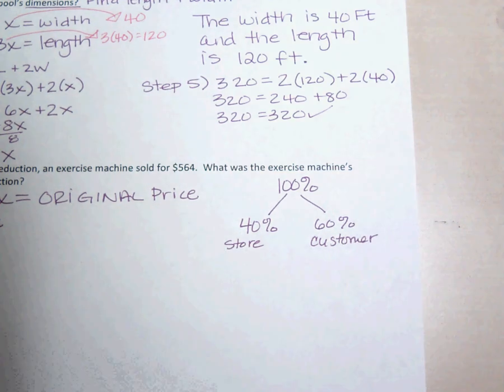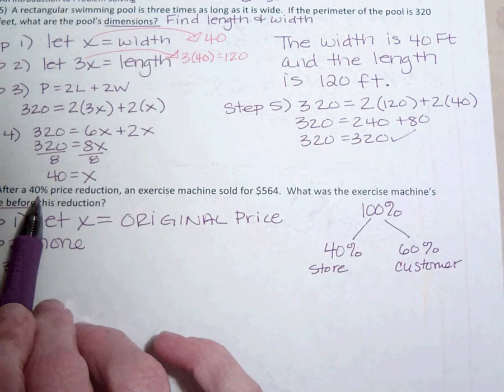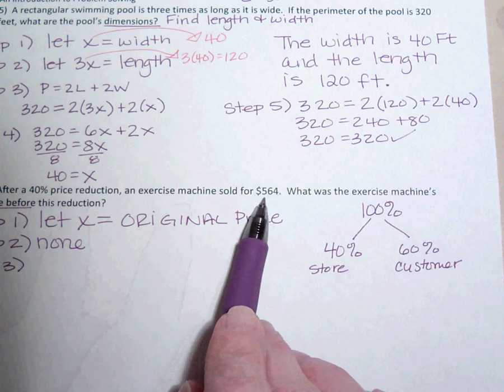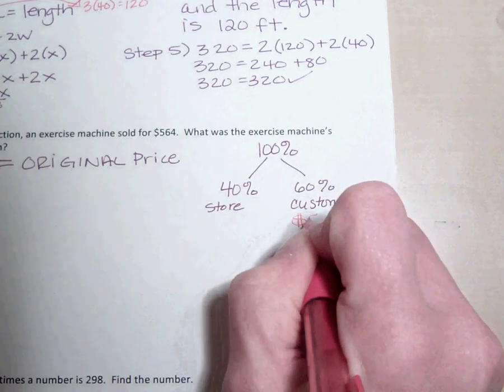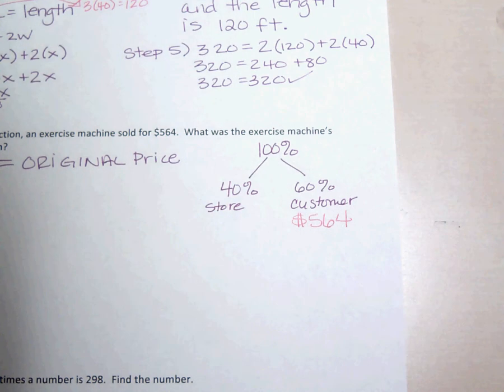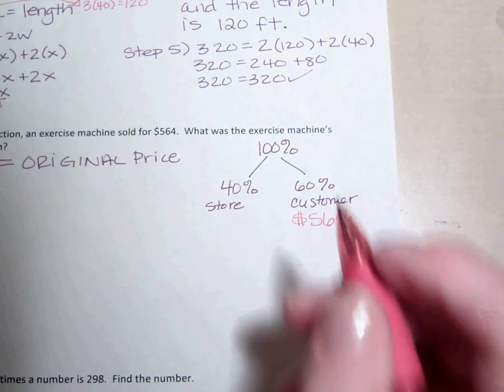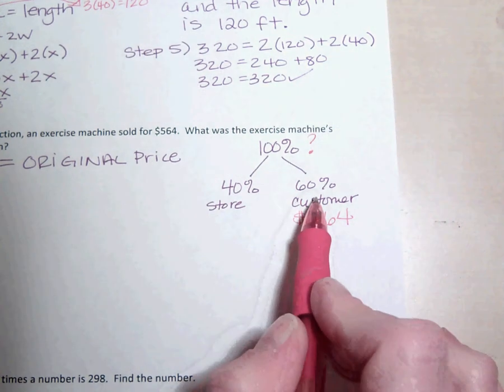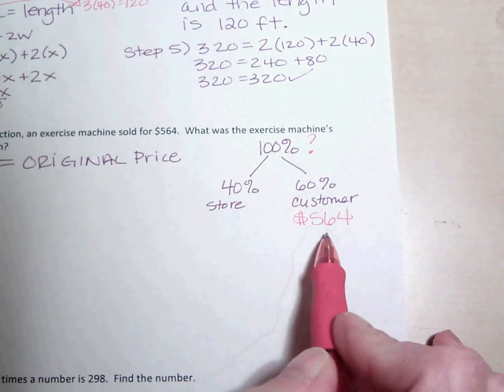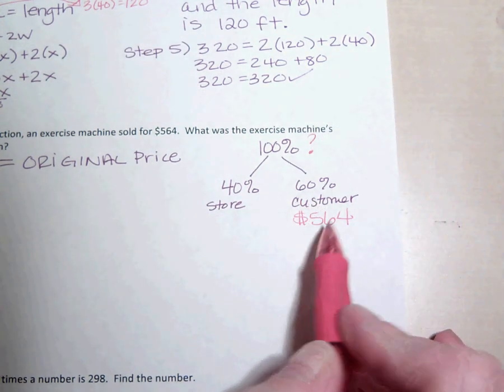We're told that after the 40% price reduction, the machine sold for $564. So the customer paid $564. What we need to figure out is what it started at, so that when we paid 60% of it, we were paying $564.